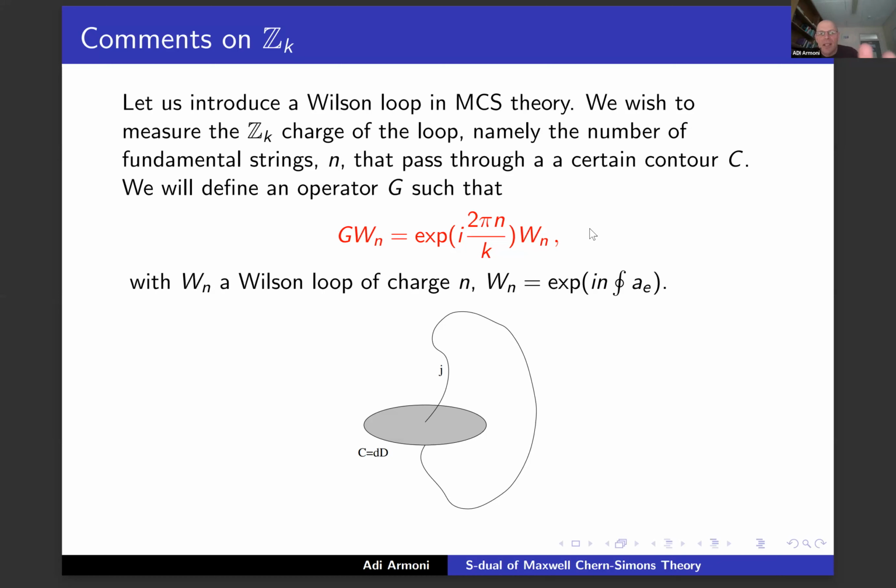Keep in mind this setup: there is a disk D, there are strings intersecting this disk, and there is a contour C which is the boundary of this disk.